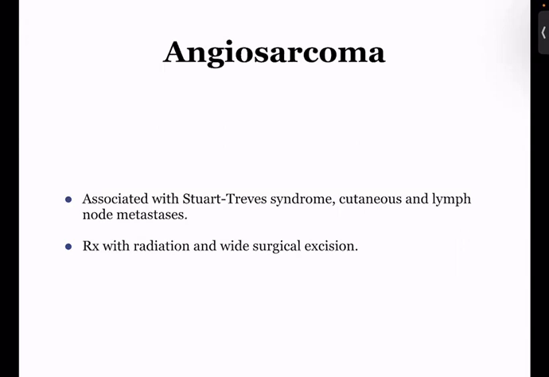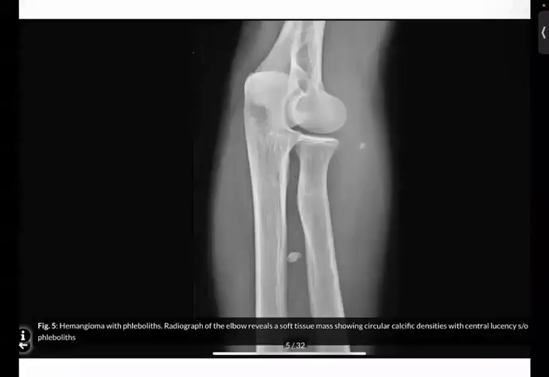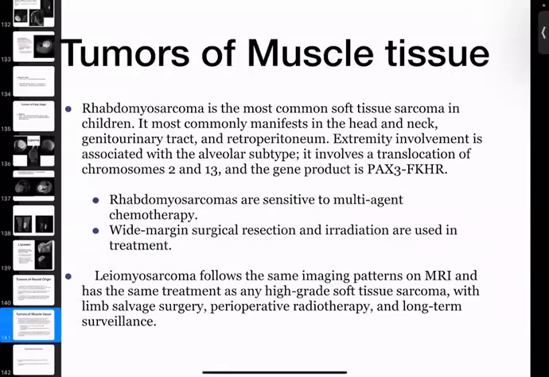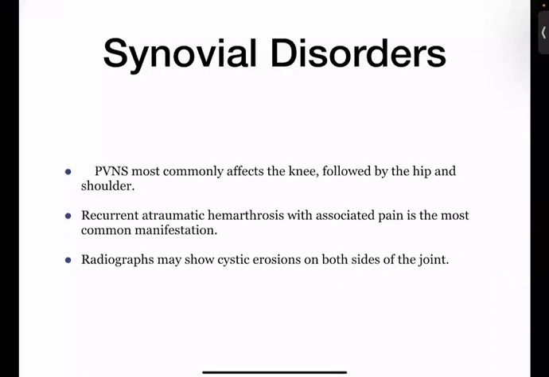Synovial disorders. We said lesions that can cross the joint are what? Vascular, infection, synovial disorders. Notice that the previous ones said vascular lesions, and before that soft tumors of muscle tissue, most of which are tumors. But here they say synovial disorders.